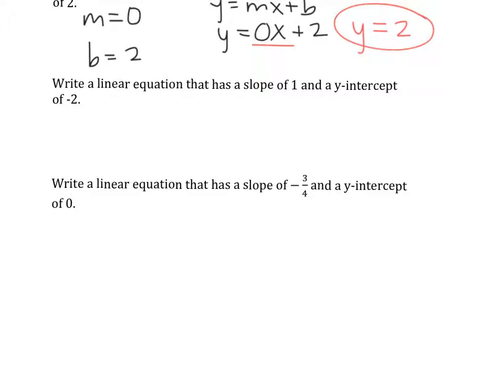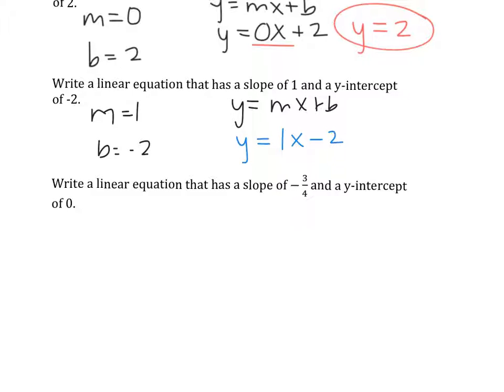Okay, let's continue on. Write a linear equation that has a slope of 1 and a y-intercept of -2. So again, I'm going to jot down what I know. Into y equals mx plus b, I have y equals 1x minus 2.